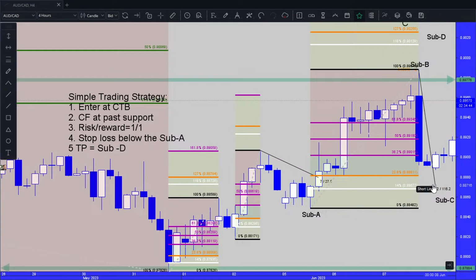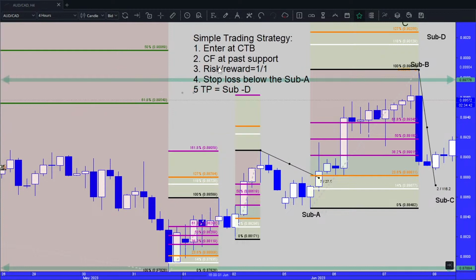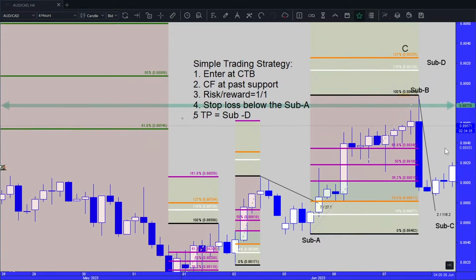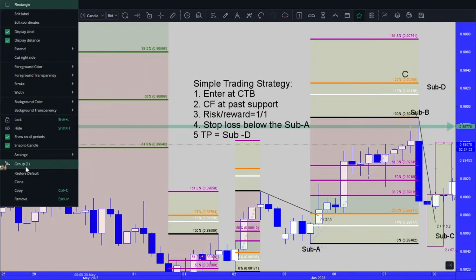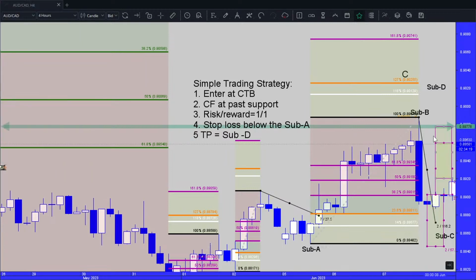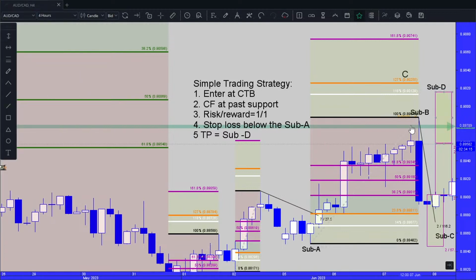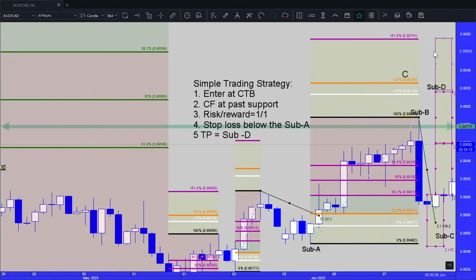What about now? Can I enter the market, everybody? Can I enter right now? I mean, look at this. Risk-reward ratio. I'm going to risk 1 and I'm going to go after 1, 2, 3, 4.